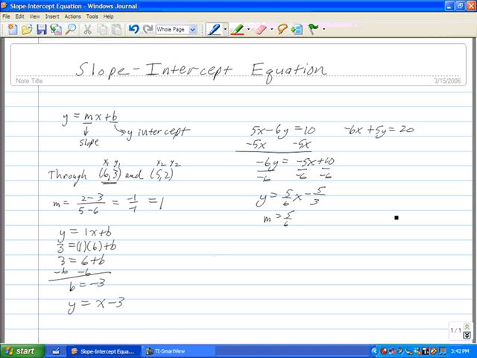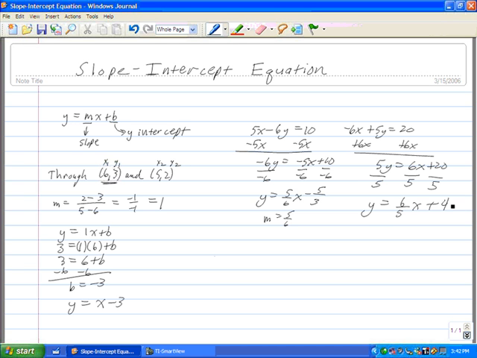If I get a 5/6 over here, I can say these are parallel. If I get a -6/5, I can say they're perpendicular. If the answer is neither one of those, I'll say it's neither. So let's find out what it's going to be. Let's see what we've got. y equals 6/5 x plus 4.